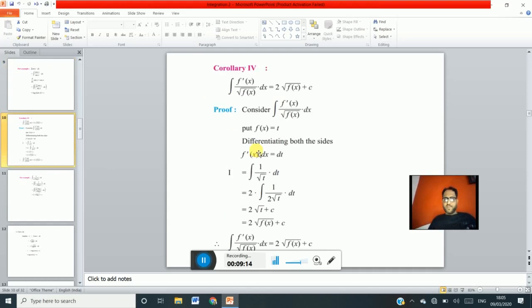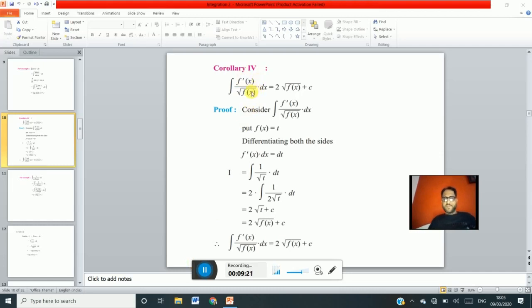See the next corollary, corollary number 4 in your textbook: the integration of f dash x upon root f of x dx equals 2 root f of x. How do we remember this one? That f dash x upon root f of x, right, equals 2 root f of x if we integrate it. So again consider the left side and put f of x equals t, f dash x dx is dt, right?